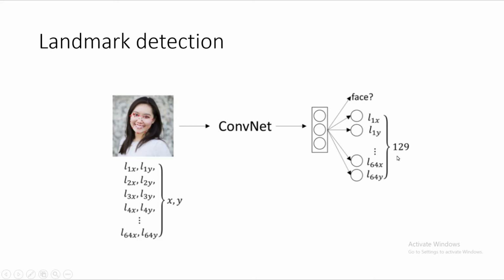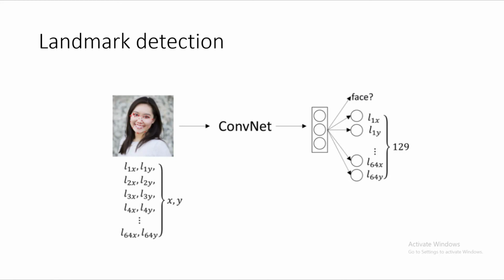Here we can see the 129 outputs: the first one will tell us whether it's a face or not, like the PC in our previous case.